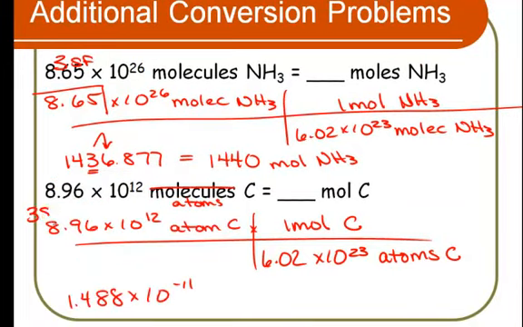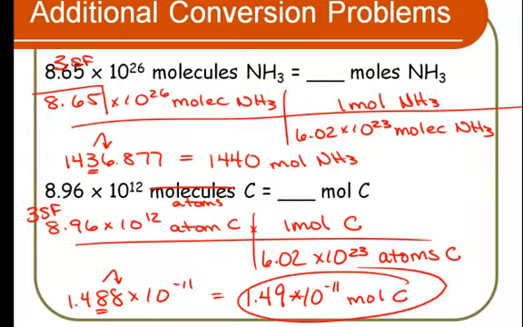We have 3 significant figures in our given, so we'll round to the first 8. The 8 tells the 8 to become a 9, so we have 1.49 times 10 to the negative 11th moles of carbon as our answer.